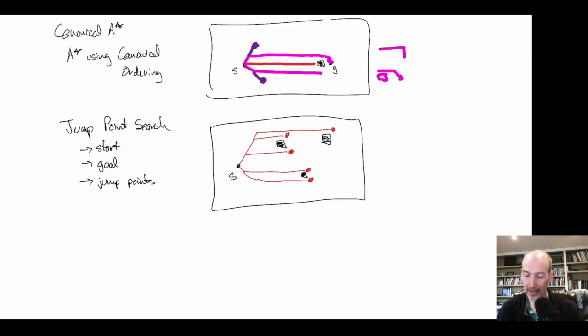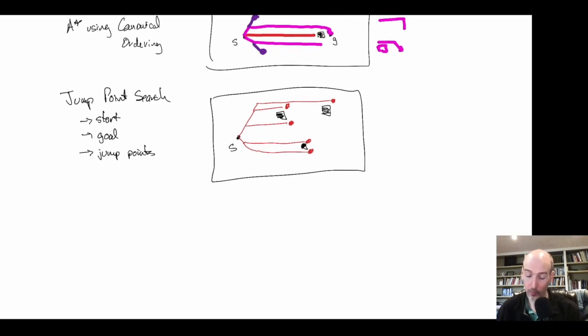And so in general, we can ask what is the worst case of jump point search as compared to A star? If I put the start up here, and I put the goal just a little bit behind an obstacle down here, and I run A star, so we'll do A star in red, A star is essentially going to go directly towards the goal because it'll have a near perfect heuristic.